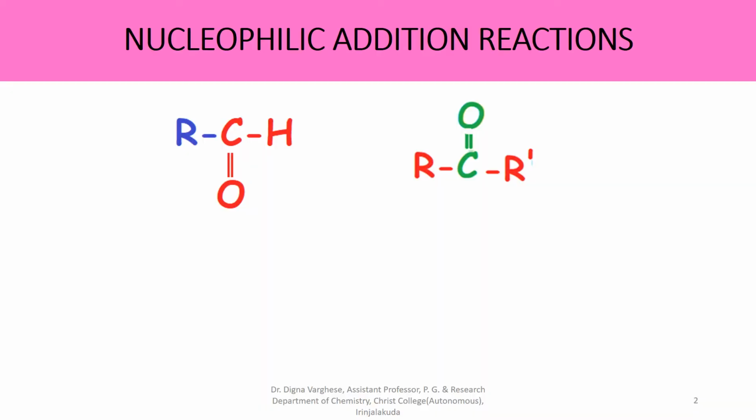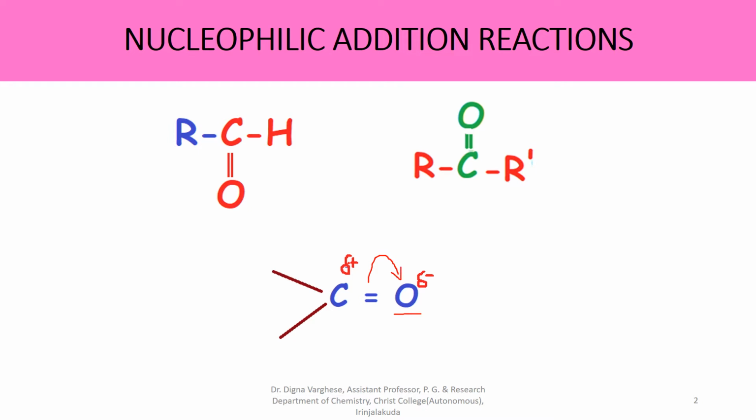Nucleophilic addition reactions of aldehydes and ketones. Here you can see in aldehyde and ketone, the carbonyl group is present. The carbon-oxygen double bond of the carbonyl group is polar because the oxygen atom is more electronegative when compared to carbon. So the electron from the bond is shifted more towards the oxygen atom.